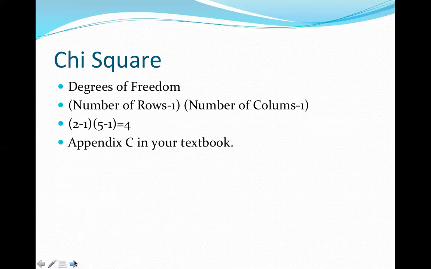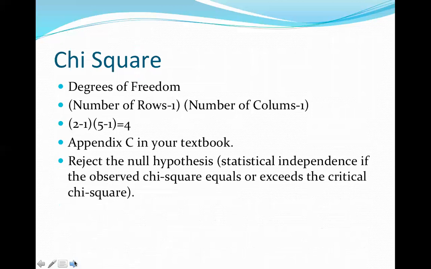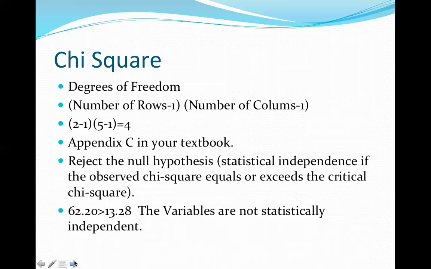I'll stop this screen share and try to share that with you. But anyway, if I look at this table and I want to be 95% or 99% confident that there's a relationship between variables, I see that I would have to have a chi-square statistic of over 13.28.